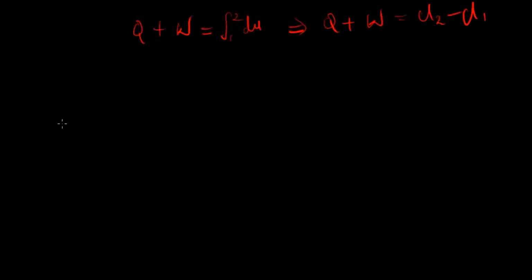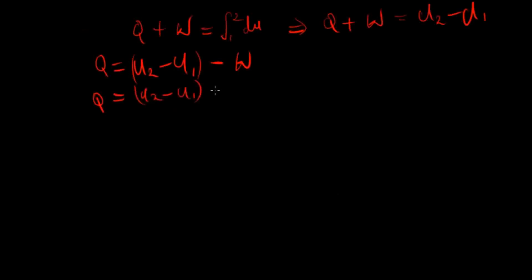Now, substituting what we have here, Q will be equal to U2 minus U1 minus W. Now recall that we got W to be P(V1 minus V2).